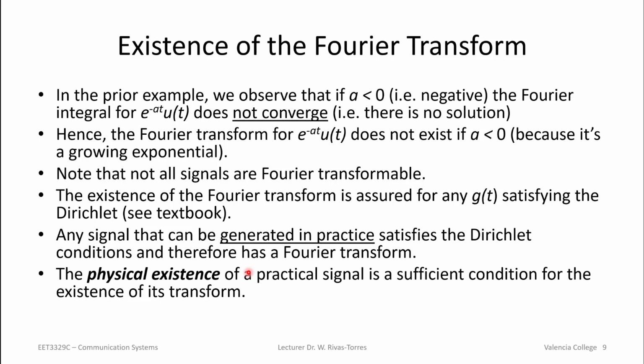If you have a signal such as that, that you can see and you can measure, it does satisfy these conditions, the Dirichlet conditions. So the physical existence is a sufficient condition for the Fourier transform to exist. That's how come we can measure it on a spectrum analyzer, by the way.